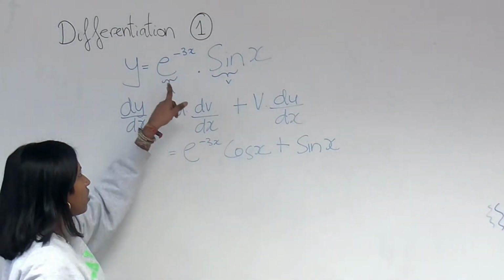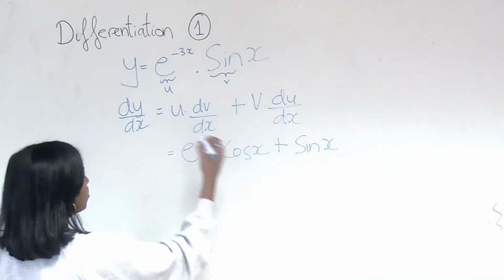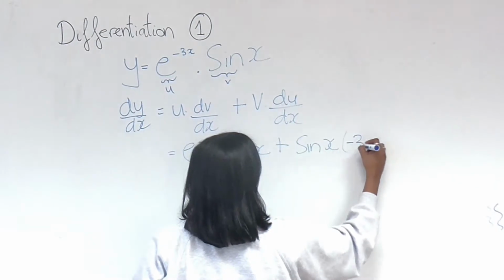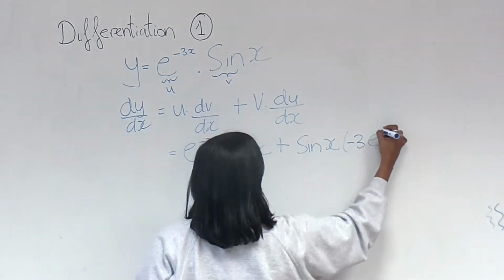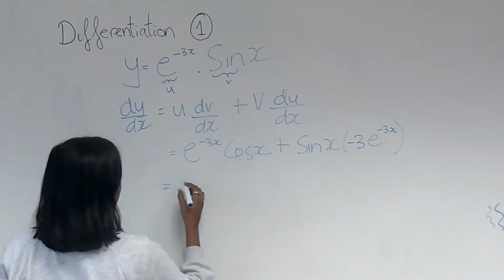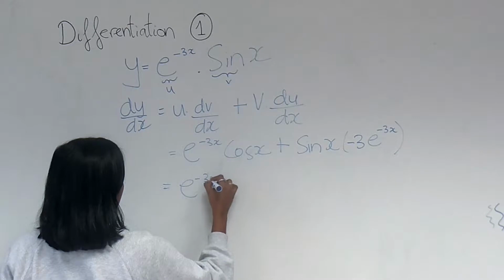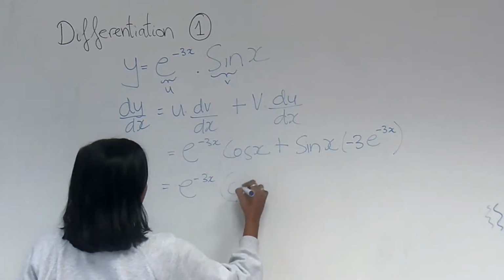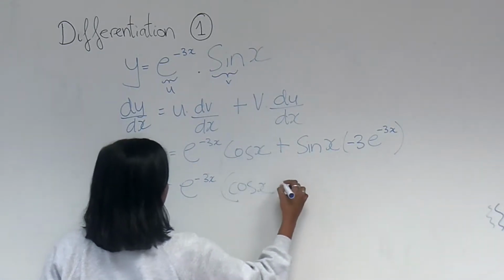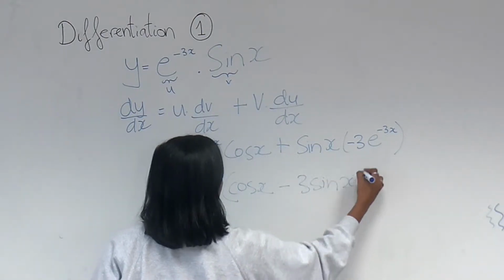But this is also a function within a function, so you have to apply the chain rule, and if you do that, you get minus 3 e to the power minus 3x. And then you can just simplify this by taking your e to the power minus 3x out, and then you have cos x minus 3 sine x.